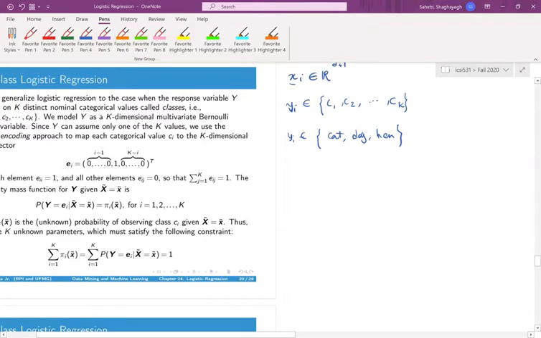And so what we are going to have is a length 3 vector to encode our classes. And so for cat, we are going to go with 1, 0, 0. And for dog, the second class, we're going to go with the 0, 1, 0 vector. And for hen, we are going to go with the 0, 0, 1 vector.